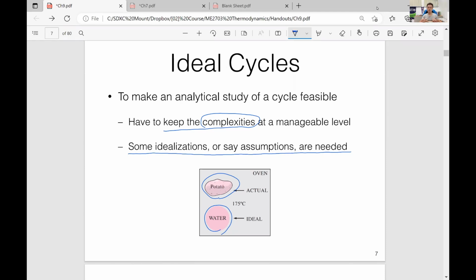Homogeneous means the properties don't change over location, but apparently for a potato, maybe there's a small cavity here, a large cavity here, and maybe some kind of worm here. So the material inside a real potato is not homogeneous. This is the actual one.